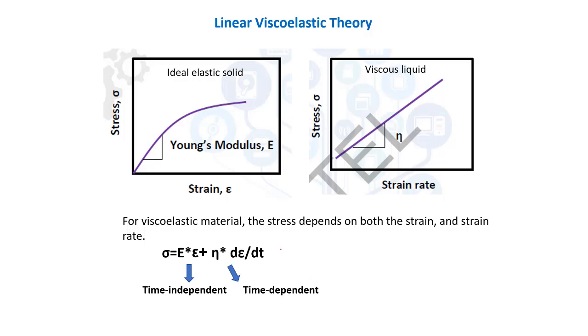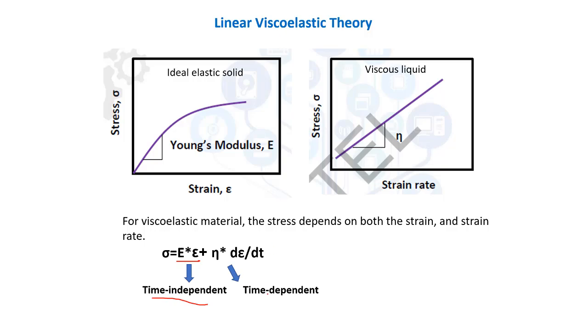And here, this particular part is time independent. So if we are checking only the static property, not dynamic, then we will consider only this much part. But if we are checking the dynamic property, then we have to consider this part also, which is time dependent.